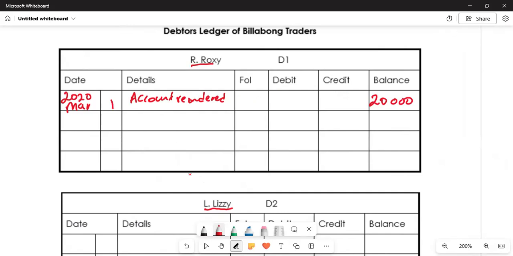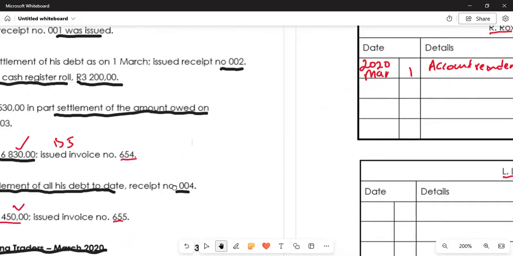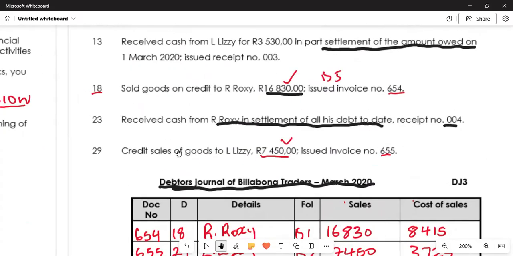Now we want to know the receipts, the invoices, and stuff like that. So we are going straight to the transactions to see which ones are going to affect the debtors ledger of Roxy.